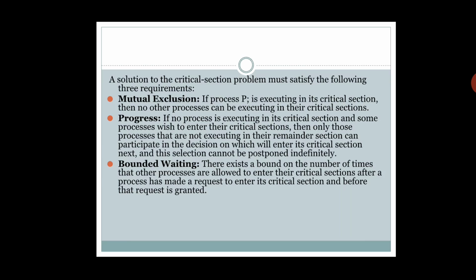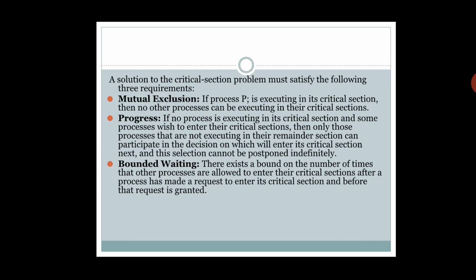The next thing is progress. If no process is executing in its critical section and some processes wish to enter their critical sections, then only those processes that are not executing in their remainder section can participate in the decision on which will enter its critical section next.